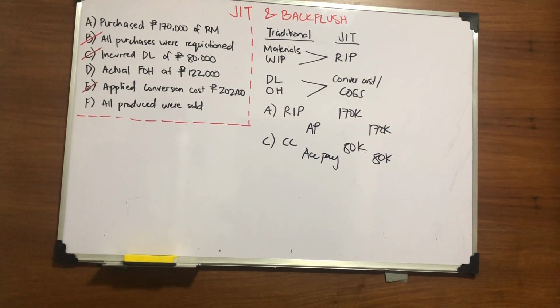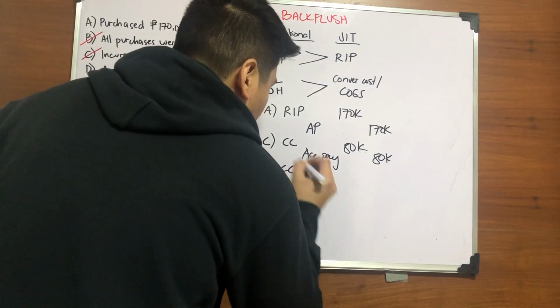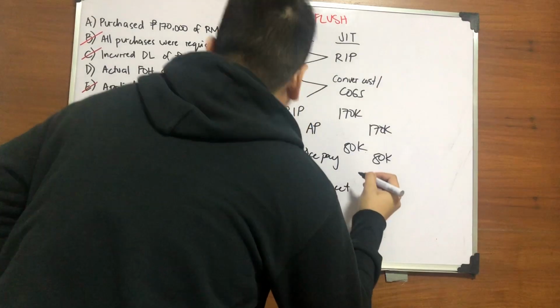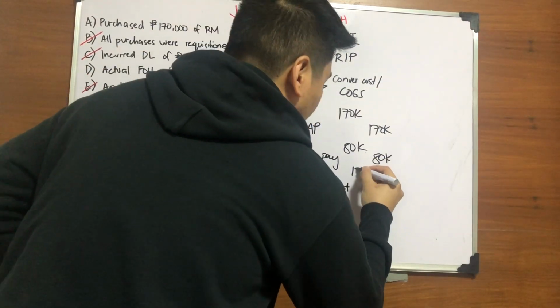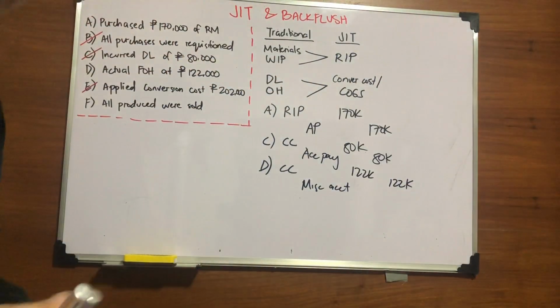And when you close it to the work in process, you debit work in process, and then you credit the factory overhead account that was recognized in the previous step. But for this one, you will go straight directly to debiting it to conversion cost. So letter D: conversion cost, credit miscellaneous account, amounting to 122,000.